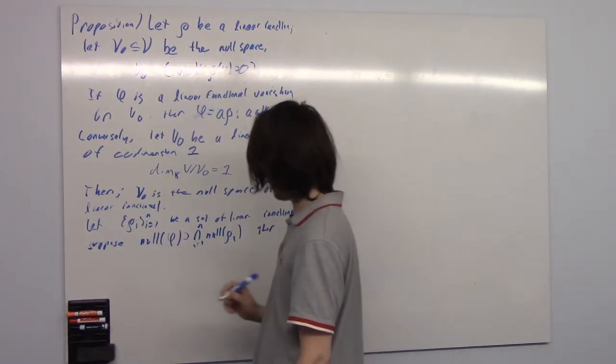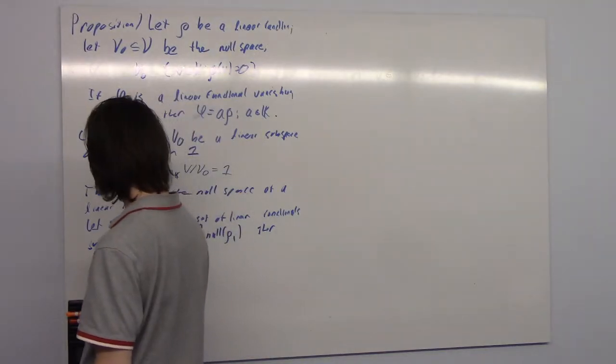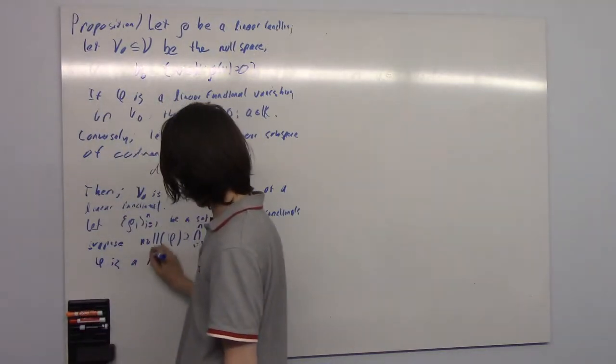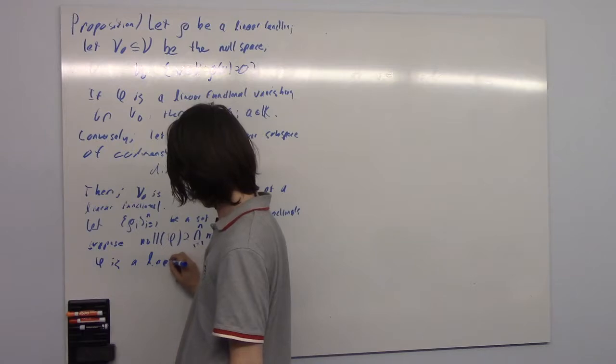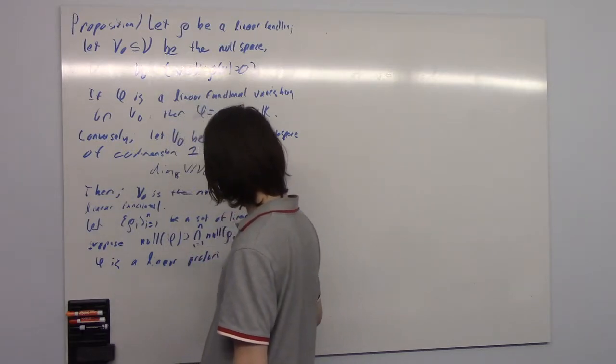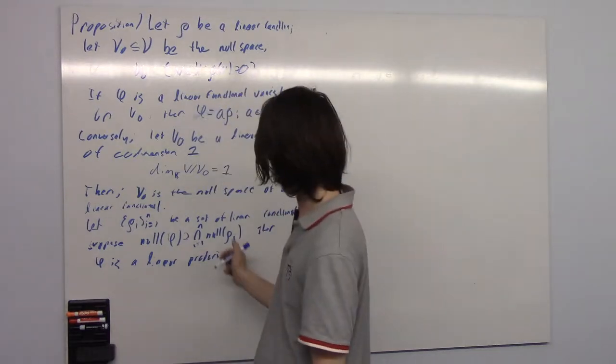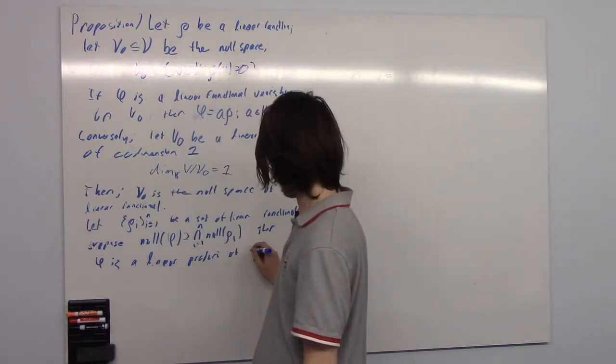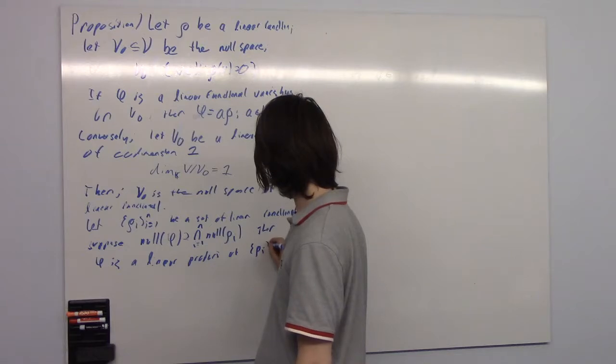Then phi is a linear combination of these rho i's.